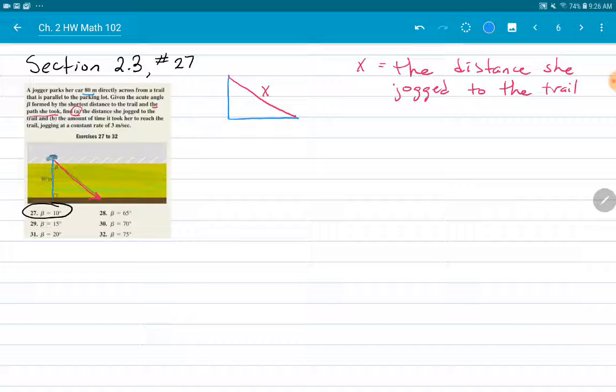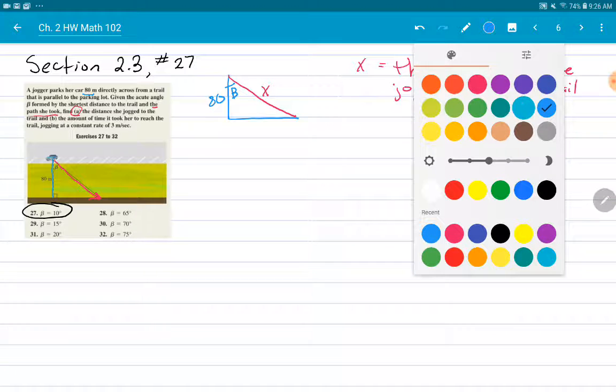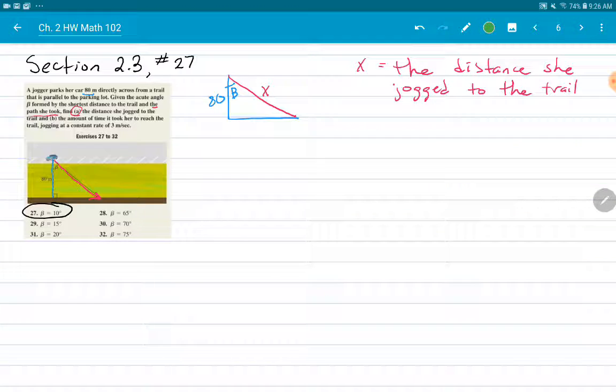Okay, and we also are given beta and the 80. So if I'm looking at angle beta, the sides I have are the hypotenuse, which is the x, and the adjacent, which is the 80. What I don't have or use or want is, I guess we'll do green, that opposite side.